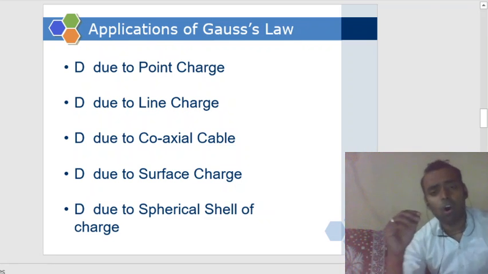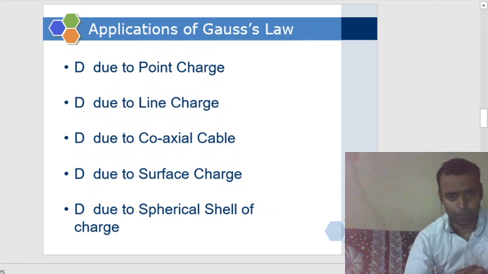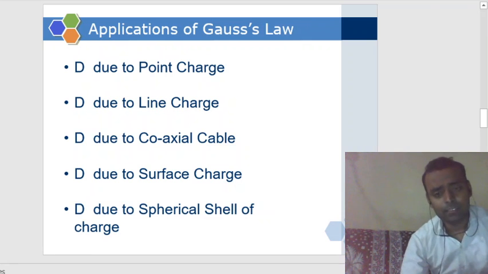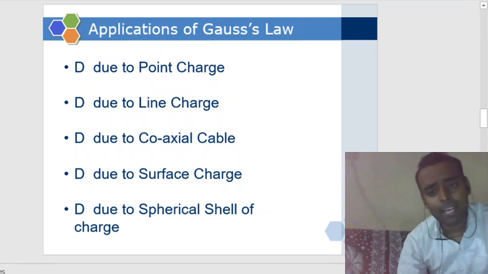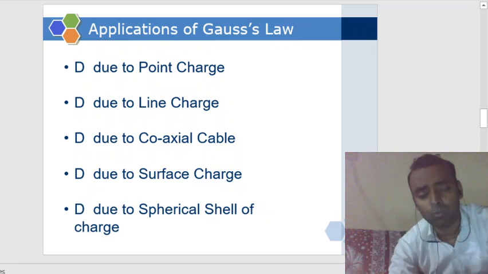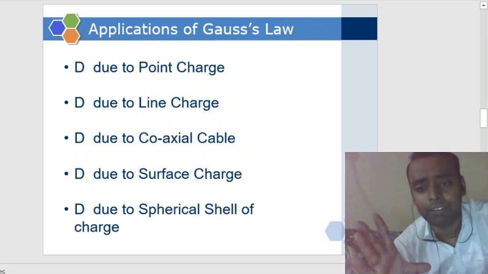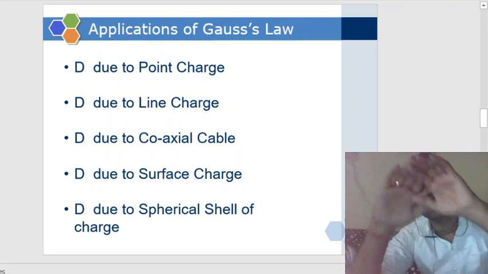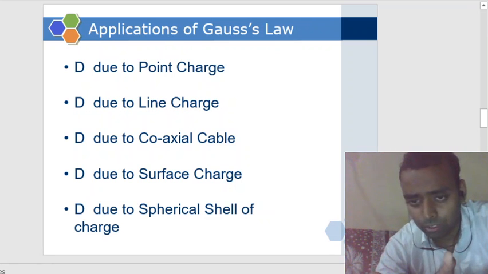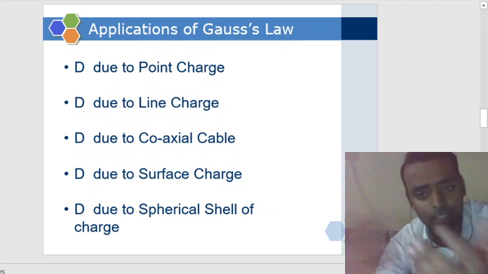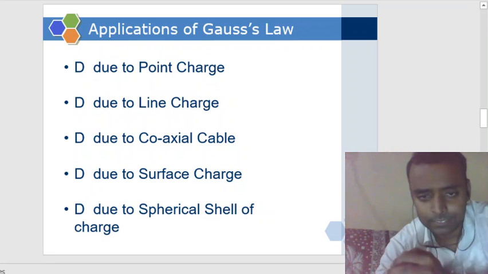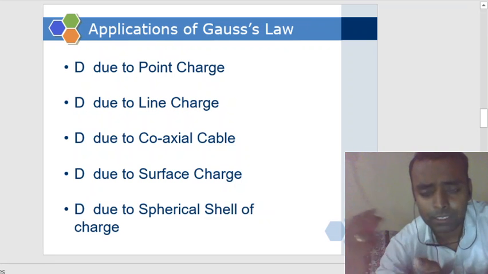For all those charge distributions, it is more convenient to use Gauss's law as compared to Coulomb's law. You know why? You just need a closed surface. Whatever charge distribution you have, just cover it with a closed surface. Just apply the integral of D dot dS equals Q, and you'll get it. Simple step.